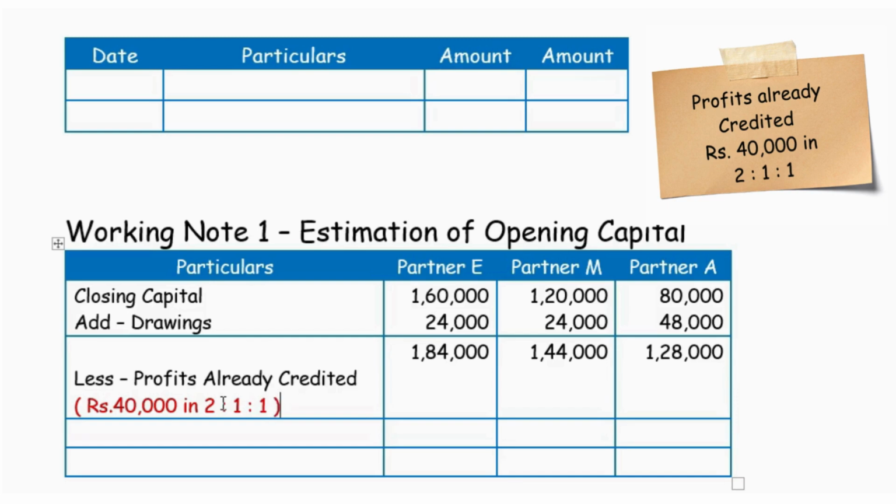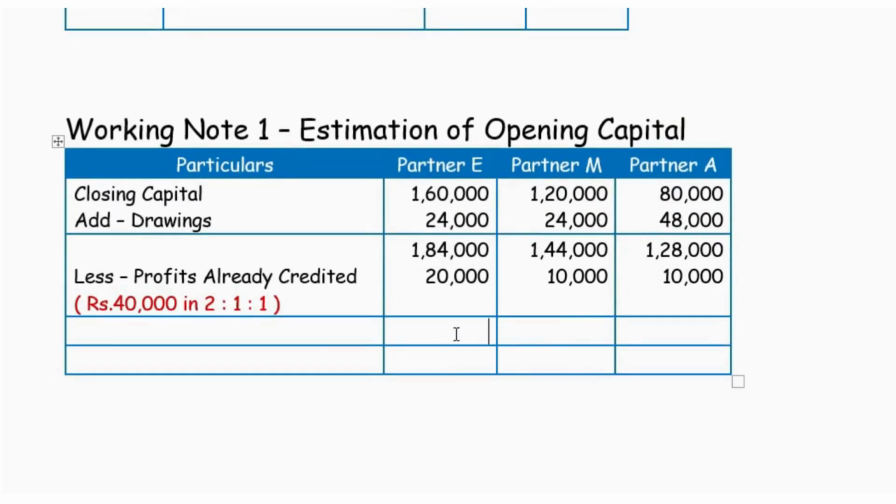When you divide this 40,000 in this ratio, you get 20,000, 10,000 and 10,000. So this you deduct, and from this we can arrive at the opening capital of the partners. For the first partner it is 1,64,000. For the next partner it is 1,34,000.